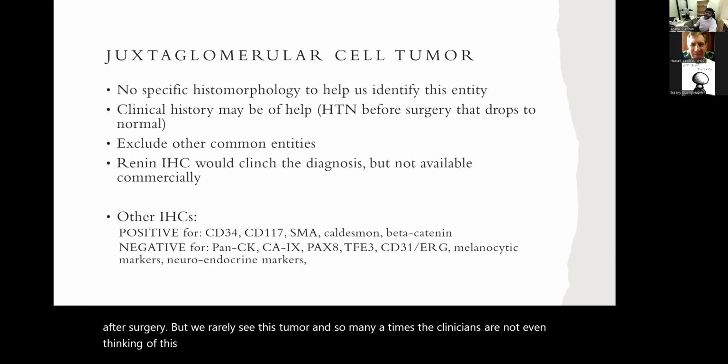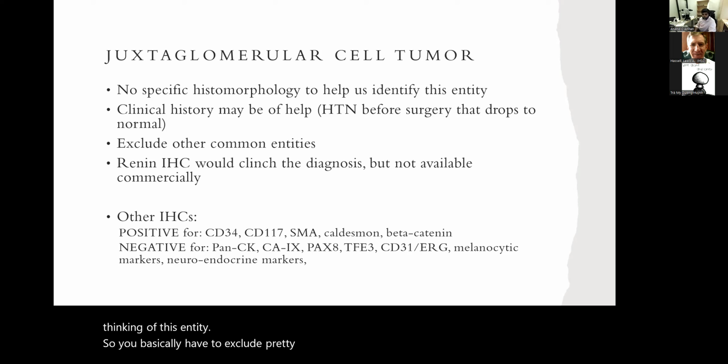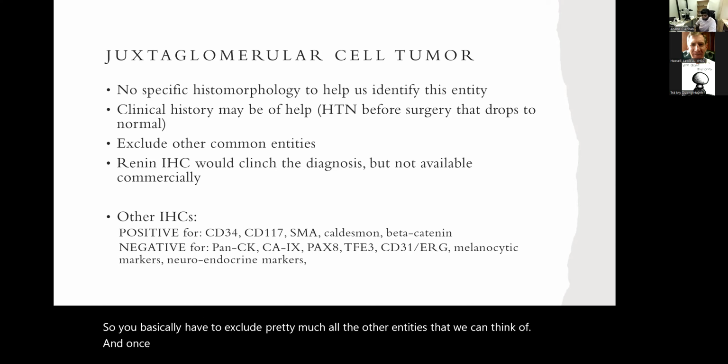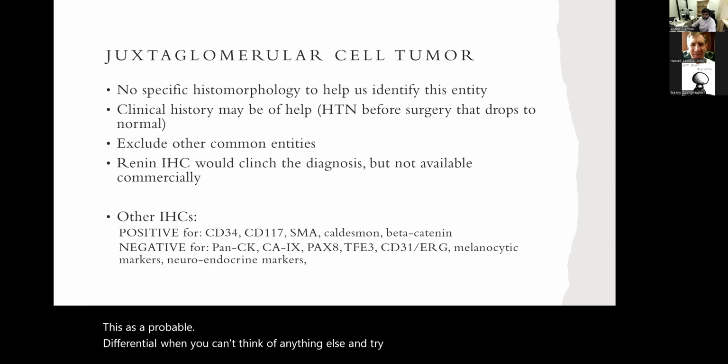So you basically have to exclude pretty much all the other entities that we can think of. And once everything is ruled out, you need to have this as a probable differential when you can't think of anything else, and try to see if we can do this IHC to prove the diagnosis.